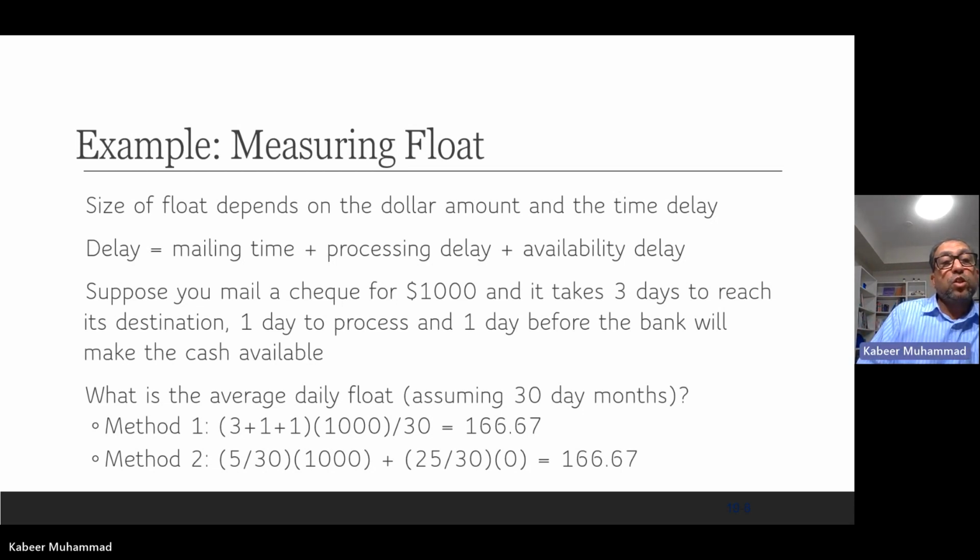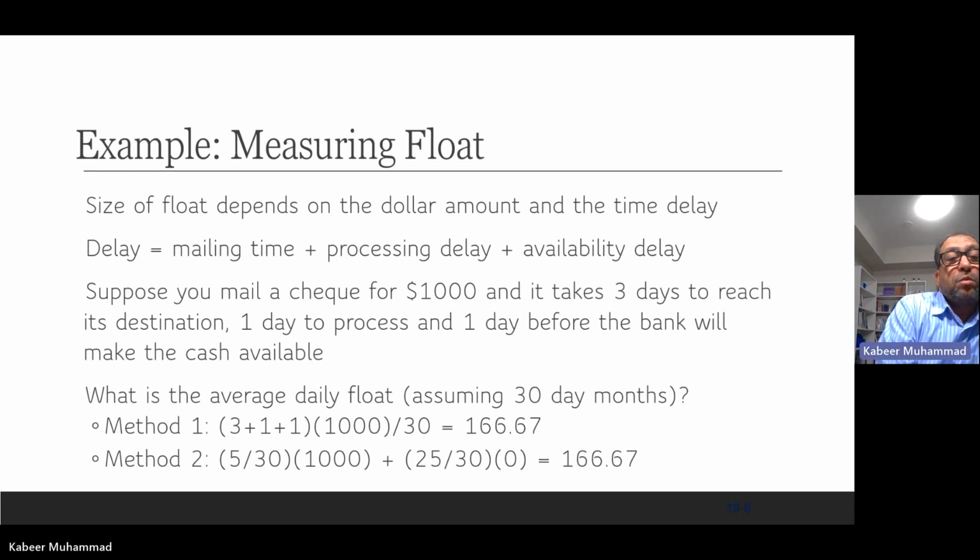Right? What is the average daily float, assuming 30 days in a month? Now daily float is 1,000 multiplied by 5 divided by 30, that is going to be our daily float. It is the delay times the amount of the float divided by the days of the month, and this is a 30-day month.